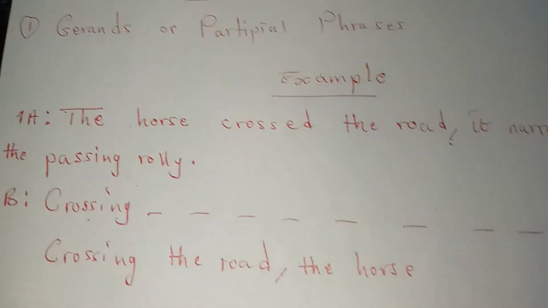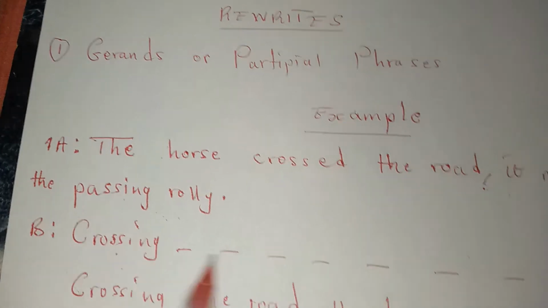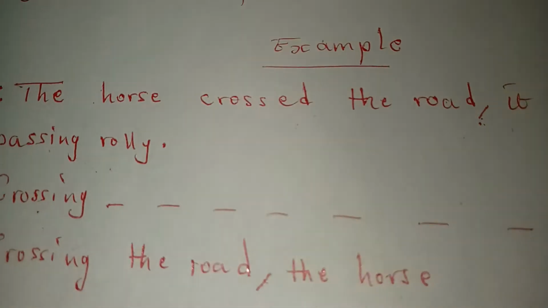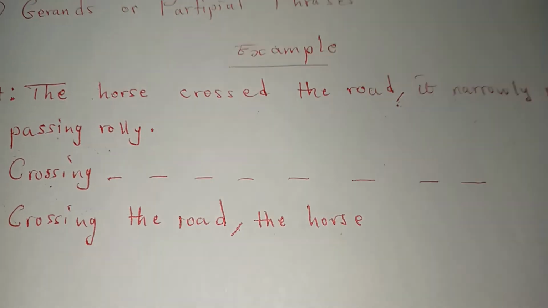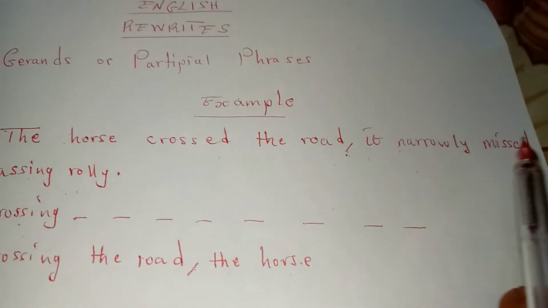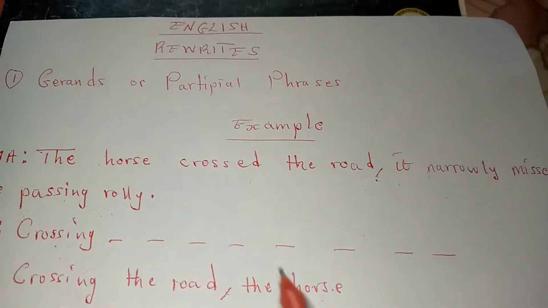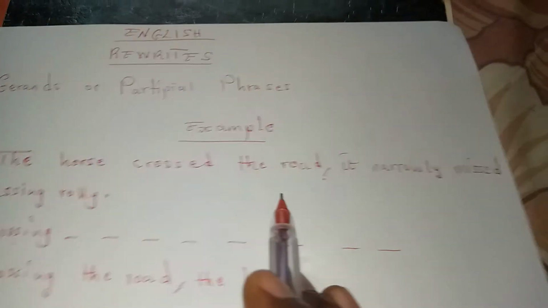What happened to the horse? It narrowly missed the what? The passing lorry. But you won't say the horse it, meaning you are repeating two things. Hence, this it will be removed, and we will only have: the horse narrowly missed the passing lorry.